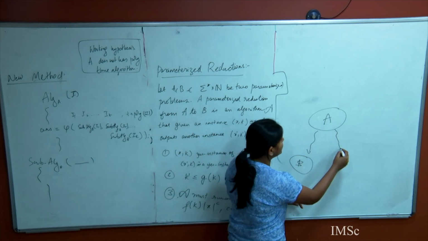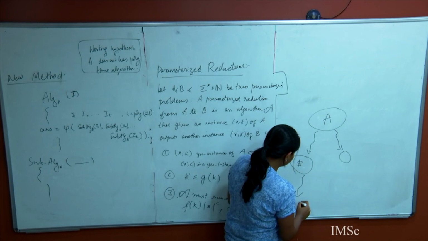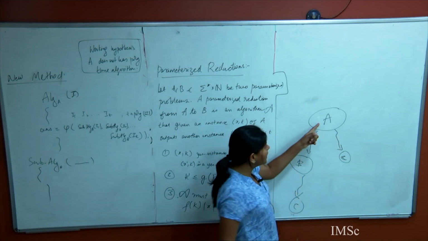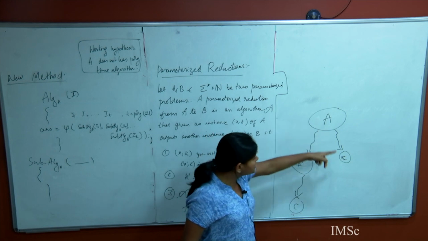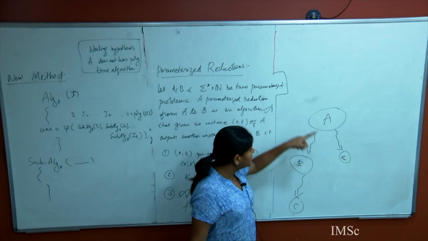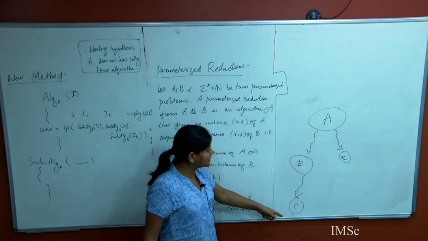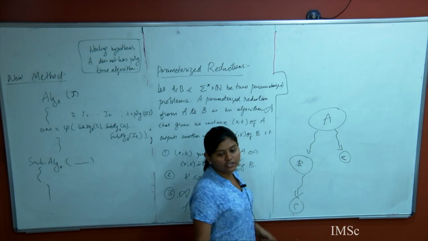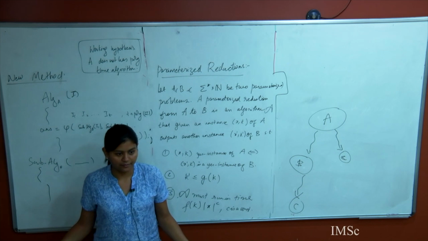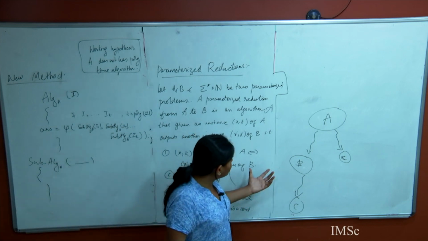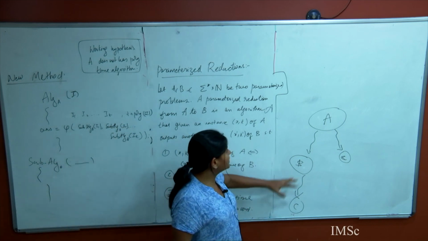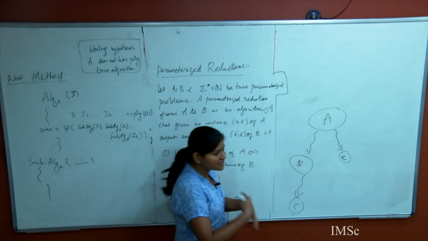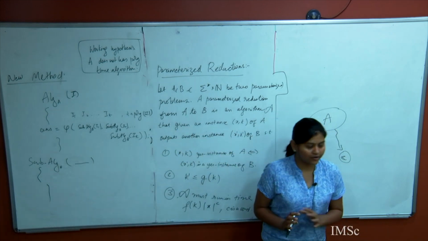So if you manage either such a reduction, in either case you can say that if A does not have such an algorithm, C also cannot have such an algorithm. Here also by transitivity you can say that if A does not have an algorithm of a certain type, then C also does not have an algorithm of a certain type, right? And it may be very useful to start from problem B instead of starting from problem A. So this is why this transitivity is quite helpful for us.